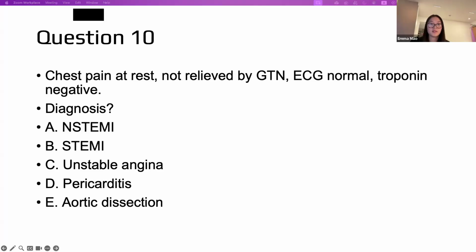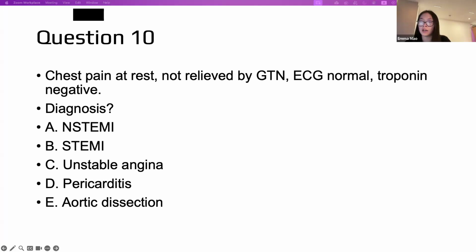Okay, the next one is chest pain at rest. It's not relieved by GTN. The ECG looks normal. Troponin is negative. Yep, so here you see chest pain at rest that is not relieved by GTN.